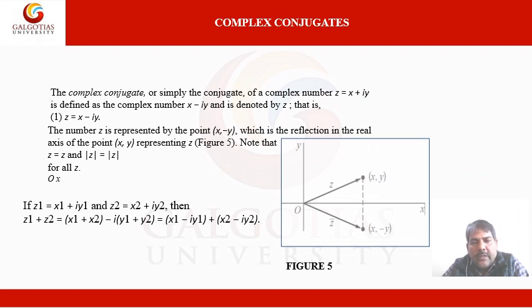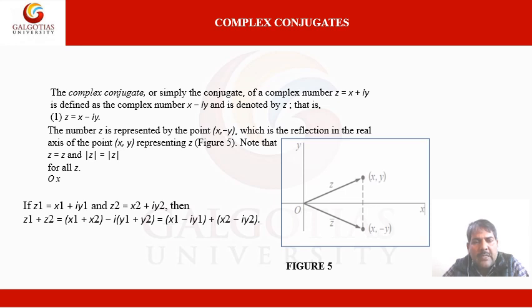Complex conjugate. The complex conjugate, or simply the conjugate of a complex number z is equal to x plus iy, is defined as the complex number x minus iy and is denoted by z bar. That is, z bar is equal to x minus iy.